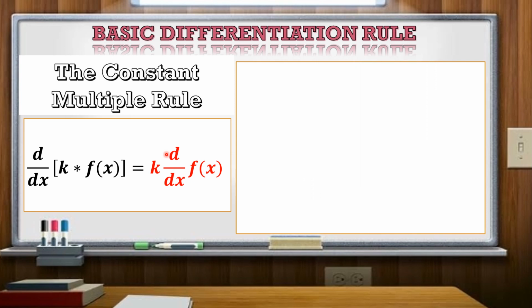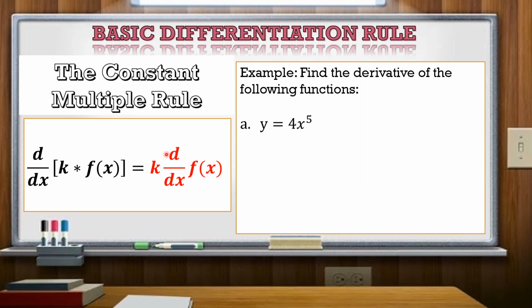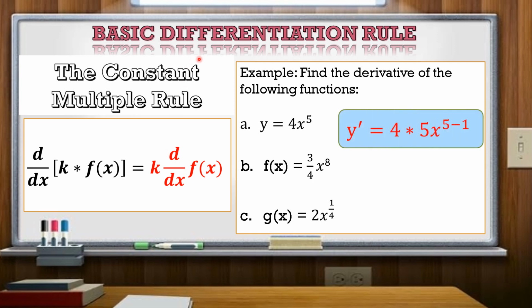For example, we have letter A, y is equal to 4x to the 5th, letter B, 3/4 x to the 8th, and letter C, 2x to the 1/4. So, yung gagawin natin dito, ihiwalay natin yung 4 at saka yung x to the 5th. Okay? So, kunin muna natin yung derivative ng 4. So, that is also equal to, ilalagay natin sa harap.